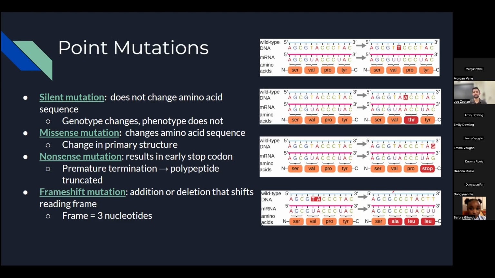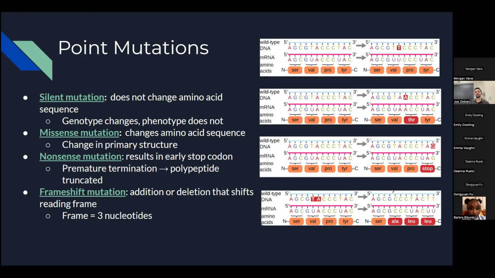Can you just go over silent again? Absolutely. So as we all know, the nucleotide sequences form codons, and these codons correspond to anticodons that correspond to amino acids. That's why we have our codon table.